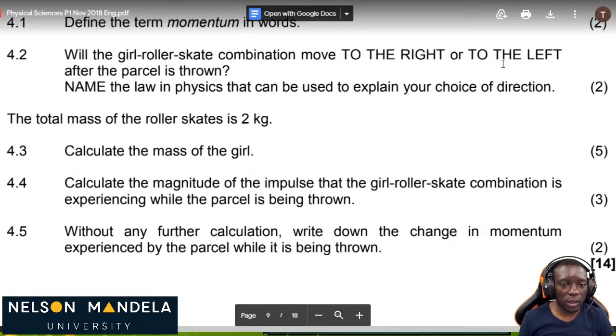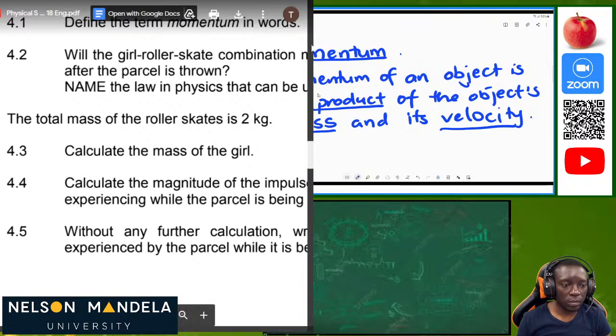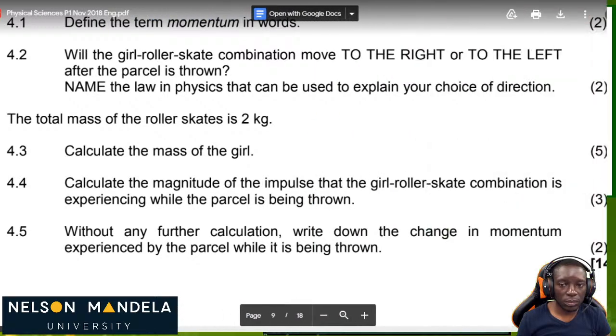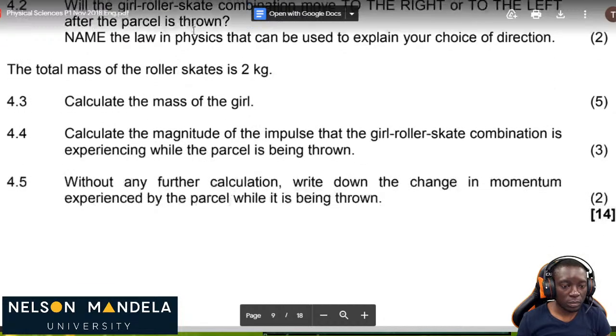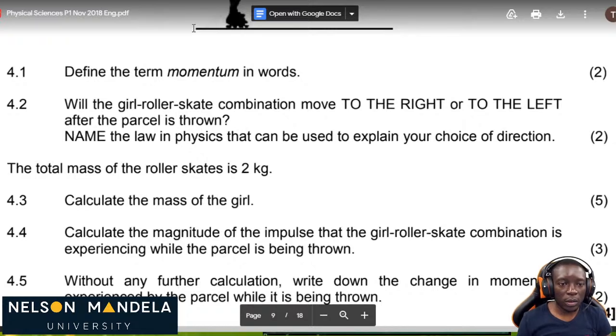So the next question, which is part 4.2. Will the girl roller skate combination move to the right or to the left after the parcel is thrown?